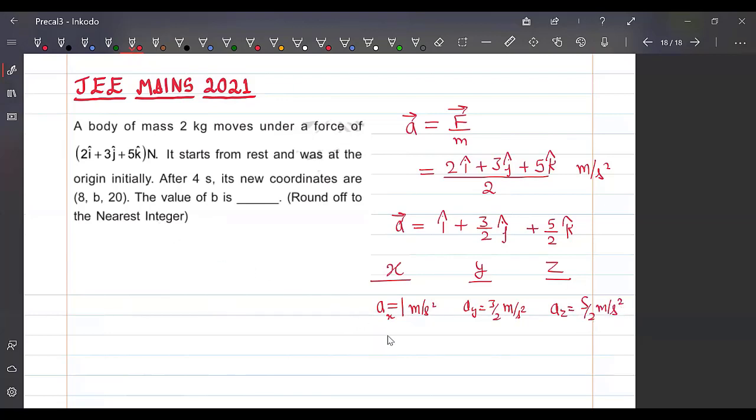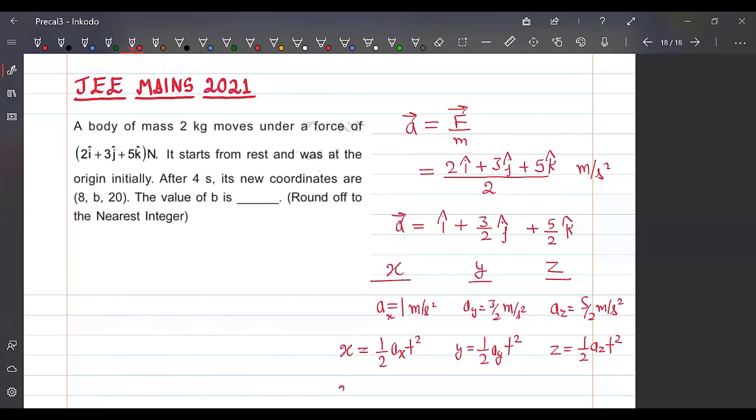It's starting from origin, so we can just use ut plus half at square. Initial velocity is 0 because it starts from rest. So I can write x is equal to half a_x t square, y is equal to half a_y t square, and z coordinate will be equal to half a_z t square.